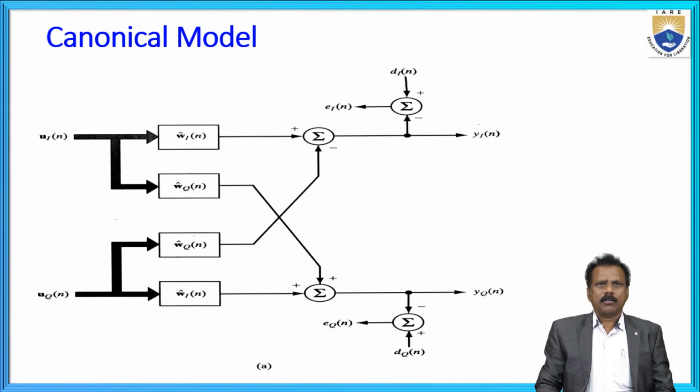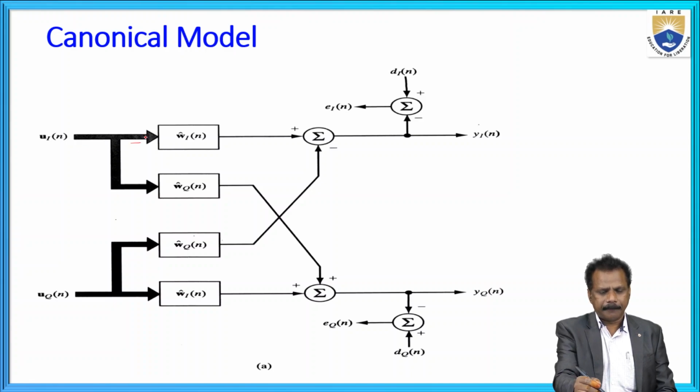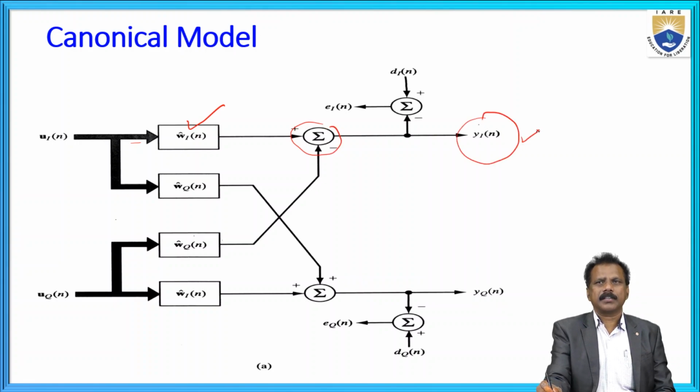So by using this model, u of n is given to these steps, and so it is fed to this one, or the outcome of here. Finally, that y of n is received. This is one way.